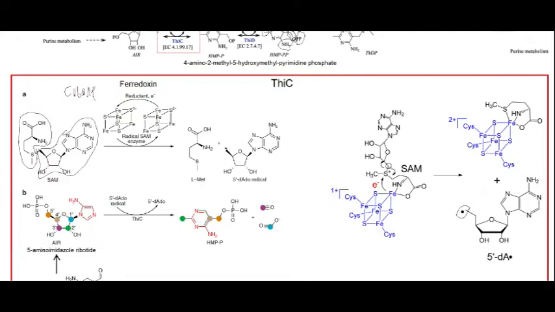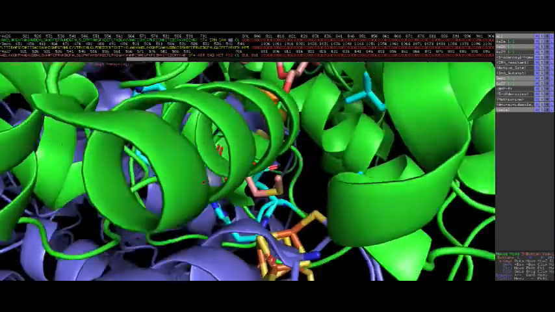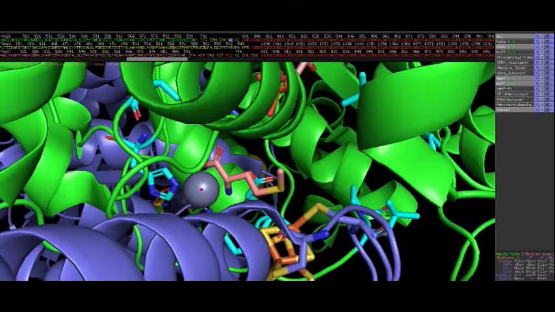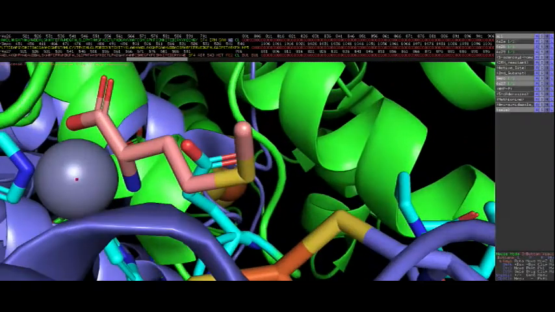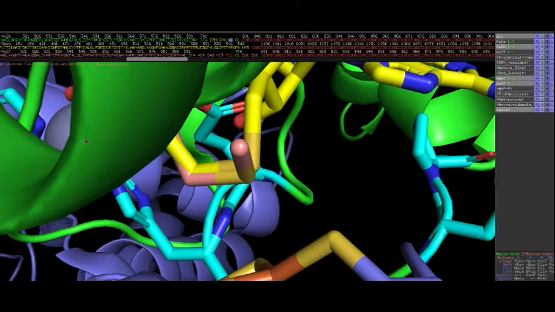But in this structure, it actually looks like it is coordinating with the zinc, whereas the sulfur here is near the ferredoxin. So if I bring that S-adenosylmethionine homocysteine back, and let's remove that methionine here.